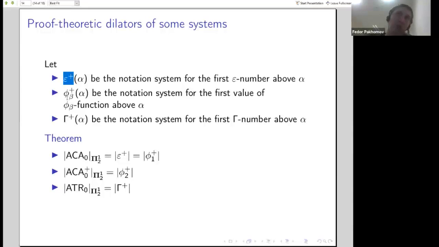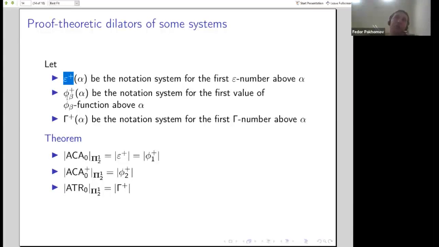Let me recall that phi beta is beta's Veblen function, and this plus means that we consider the next value. The epsilon numbers are the values of function phi1, so the ordinals that are fixed points of the operation omega to x.